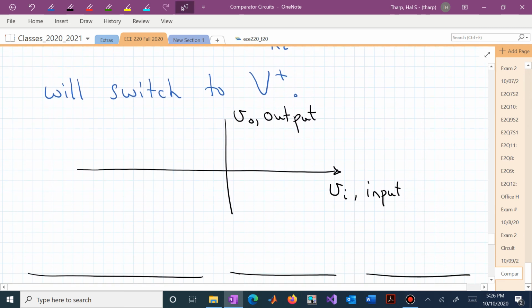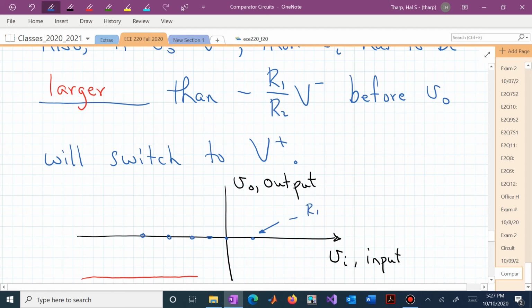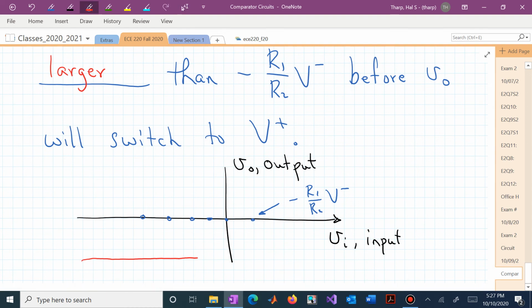So now if we were looking at the input voltage getting bigger, then it's actually going to have to get bigger than 0, and it's going to have to get over to this value, which is now minus R1 over R2 V minus, before the output switches from the negative supply rail up to the positive supply rail.